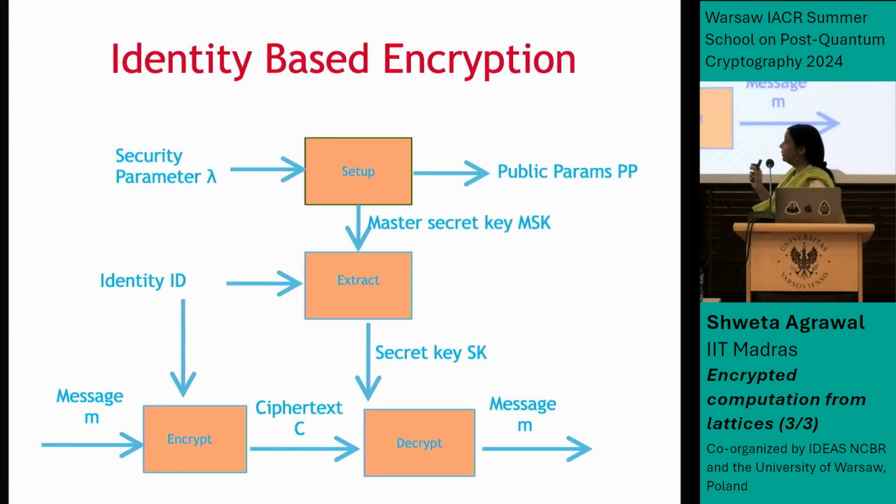So let's go back to this picture. What we see here is that the setup algorithm only outputs some sort of public parameters. And if I think of mapping, in my head, a public key for every identity, let's think of all of us in this room, and let's say that all of our first names are public keys. Now, you would need intuitively some mechanism for mapping this name to a legit public key.